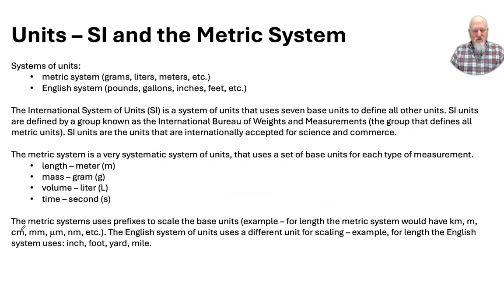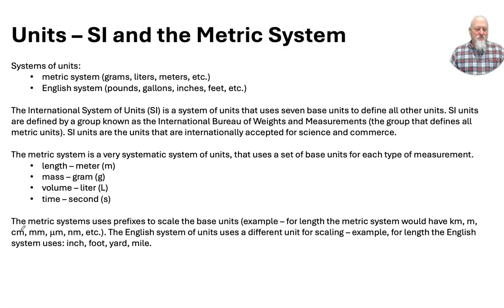All right. Like we said, we're going to look at units, and we're going to look at both the metric and the English system. The metric system is going to use base units, grams for mass, liters for volume, meters for length, where the English system is going to use all these different units to describe different things, right?